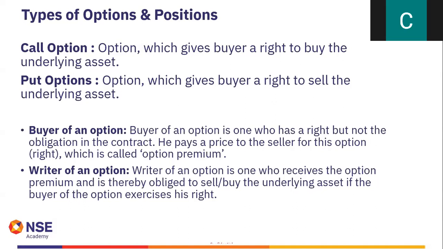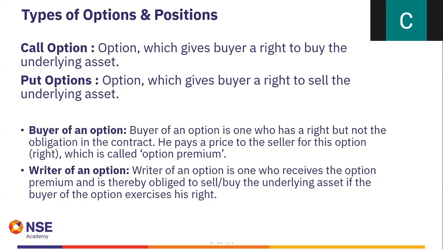So again, on 29th September, if the price of HDFC Bank has come down to 900 rupees in the market, what will I do as a buyer? Since I have a right, I will execute this contract. Why will I execute? Because I will be making a profit.